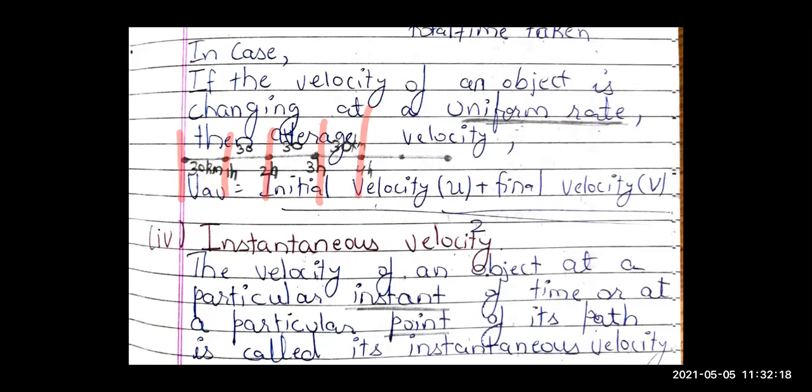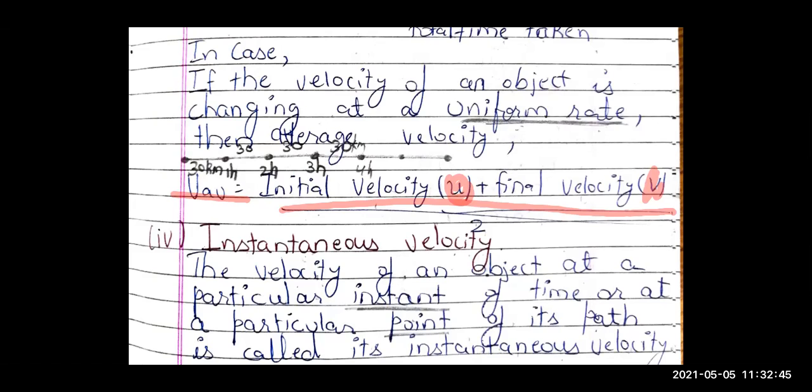Here the formula for average velocity will be initial velocity plus final velocity upon 2. Initial velocity we show with u, final velocity with v. So it is (u plus v) by 2. This is the formula for average velocity when the velocity is changing with a uniform rate.